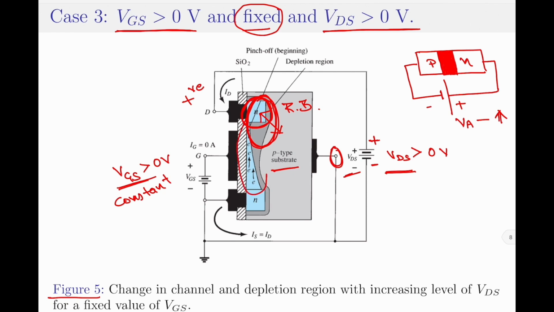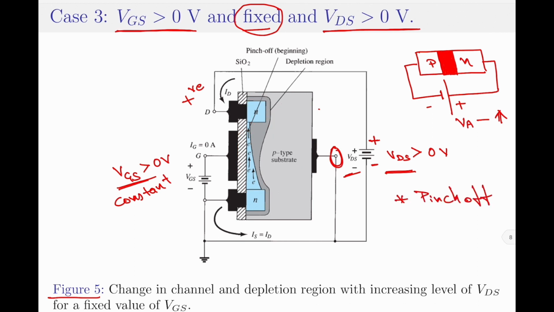You can see the channel at the source is wider, and as we move from the source towards the drain, it becomes thinner and thinner. This decreasing channel width offers a higher resistance to the flow of charge carriers between drain and source. Eventually, the drain current will reach a saturation level, very similar to that in a JFET. This process is called pinch off in a MOSFET.